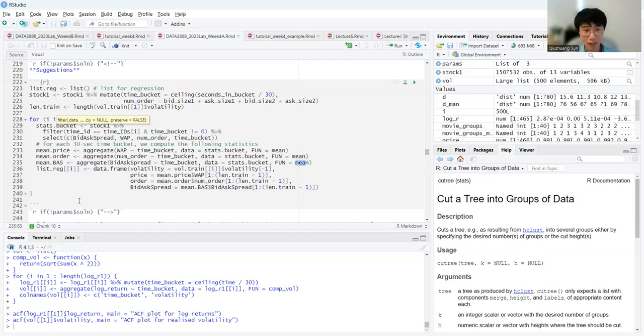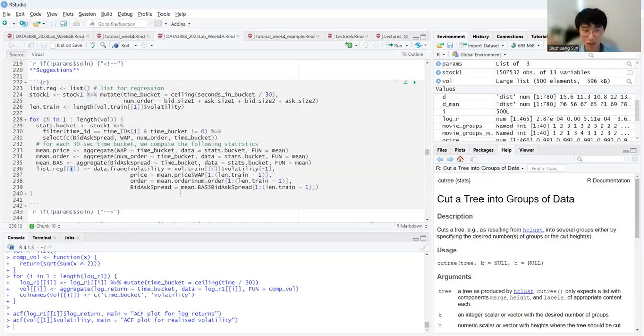This is why you can see here that the index for the volatility and the index for these covariates have a one-period lag. So essentially, we're just using the information at time t-1 to predict the information at time t.